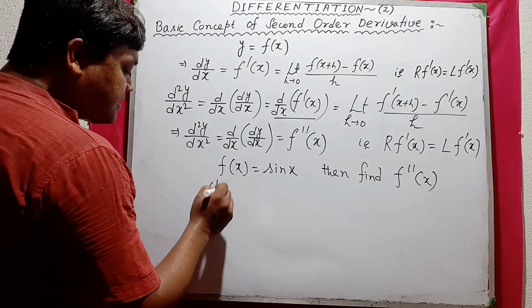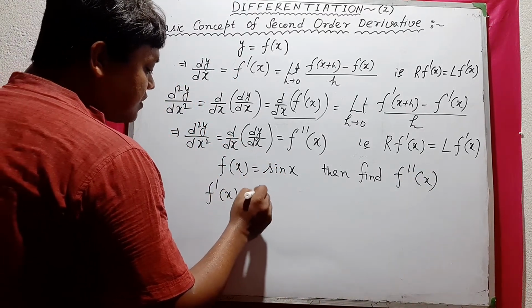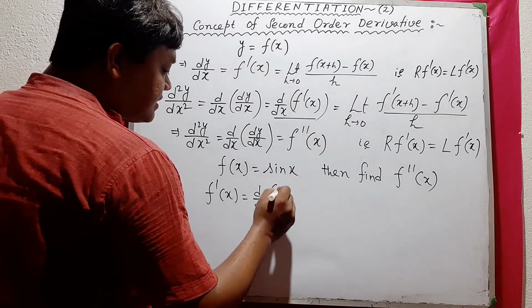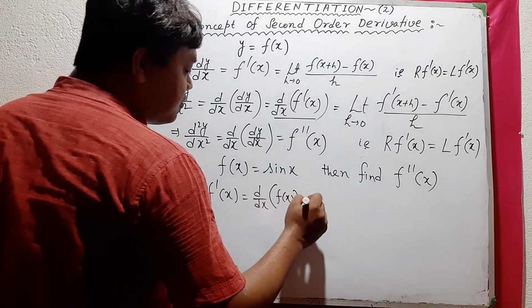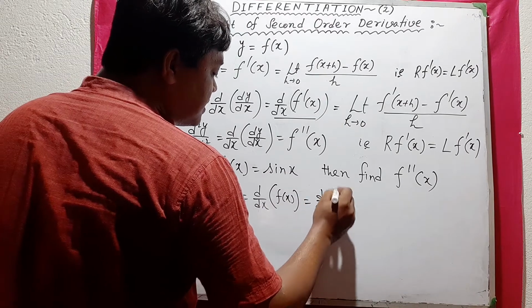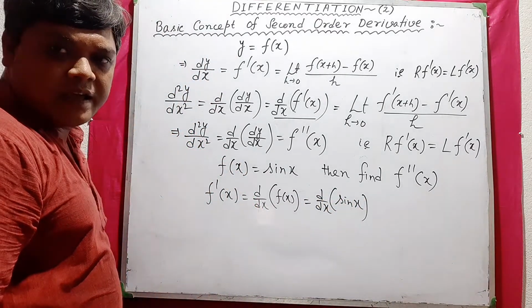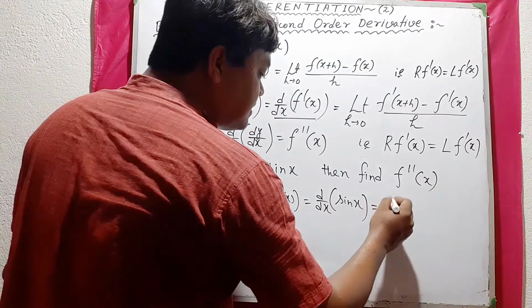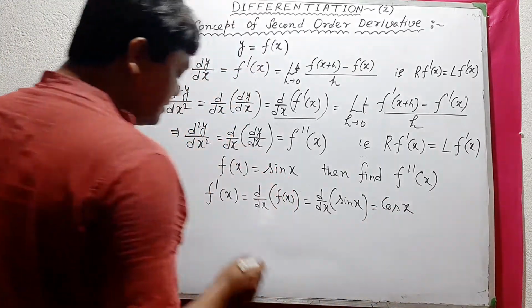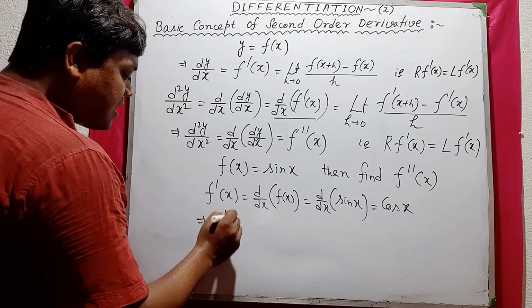So what is f dash x? f dash x equals d/dx of f(x), and f(x) is given to you, d/dx of sin x, and we know the derivative of sin x, which we have already learned, is cos x. And what is f double dash x?